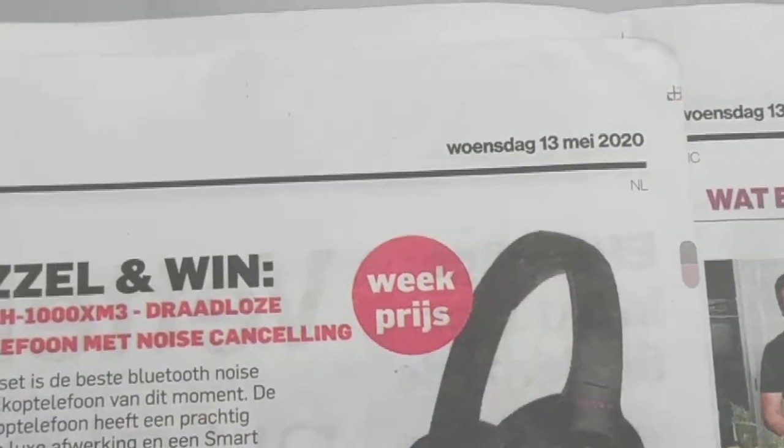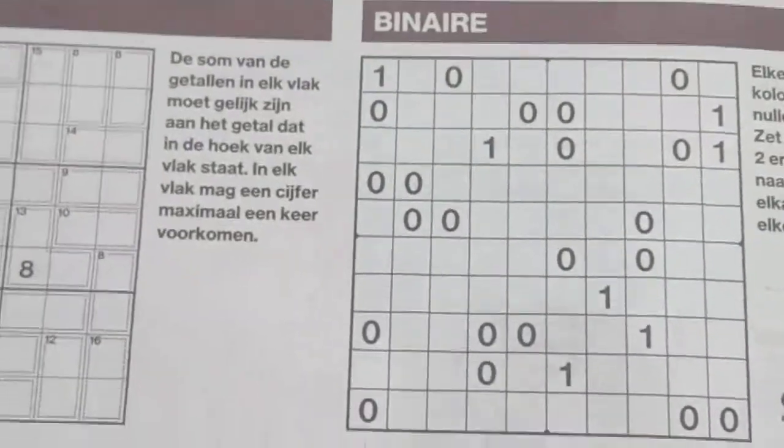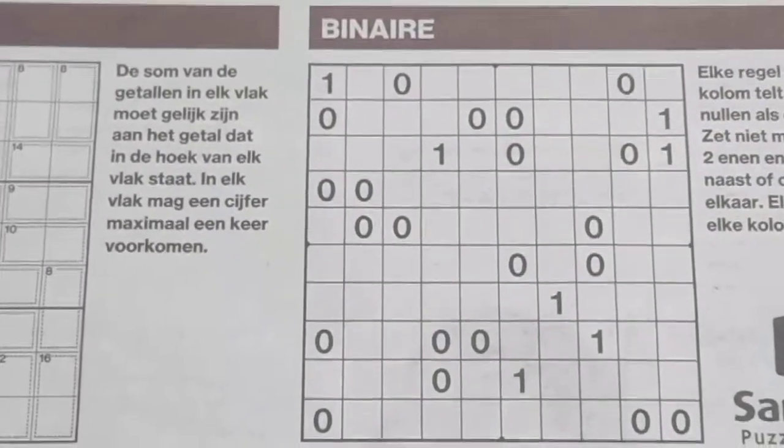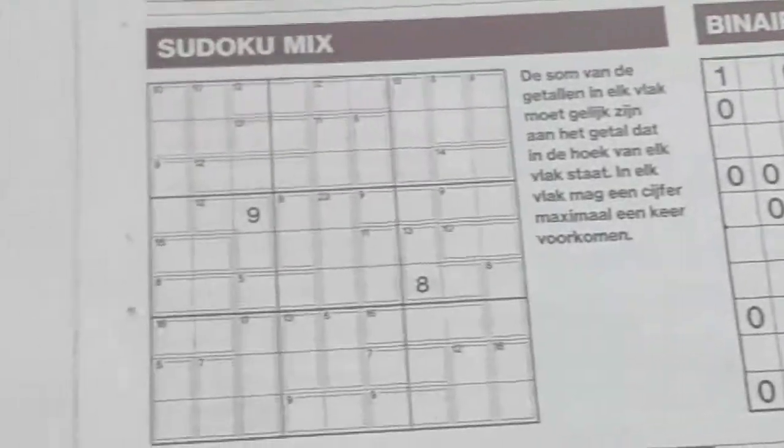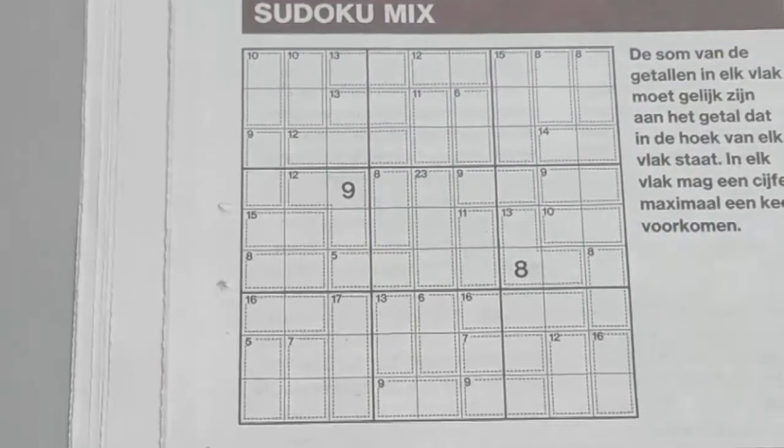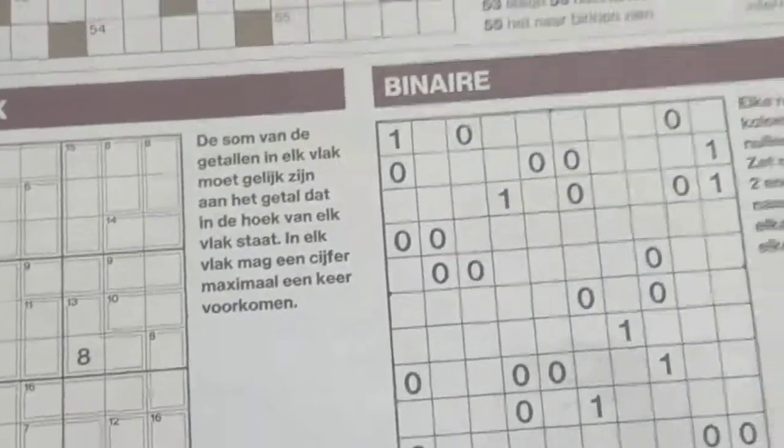In today's newspaper on Wednesday, May the 13th, 2020, we have three regular Sudokus: a binary Sudoku, a medium Sudoku, and a killer Sudoku, aka Sudoku mix.